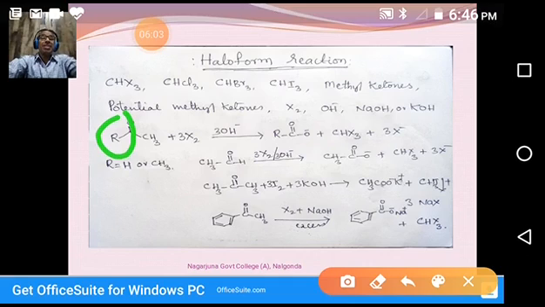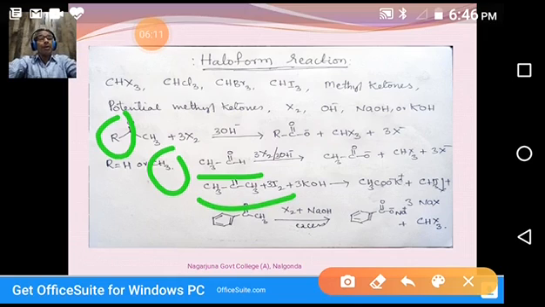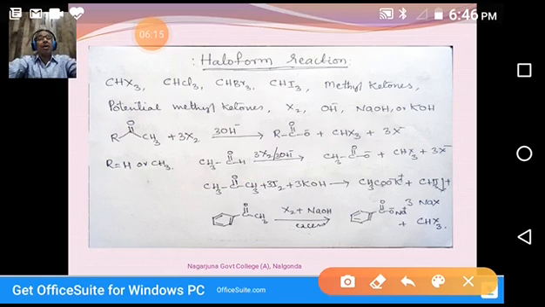If it is H, it is called acetaldehyde. If it is methyl, it is acetone. If it is phenyl, we call it acetophenone.